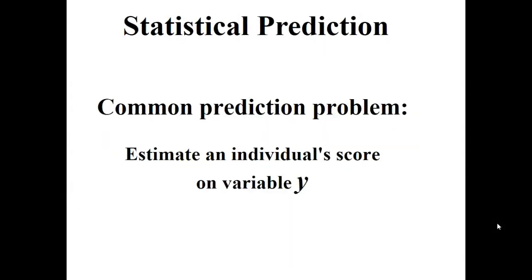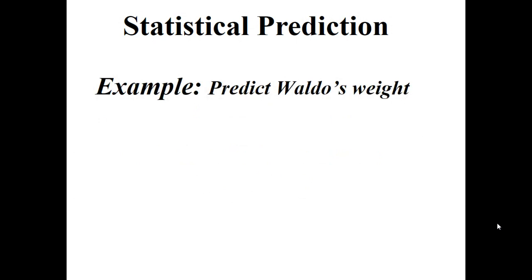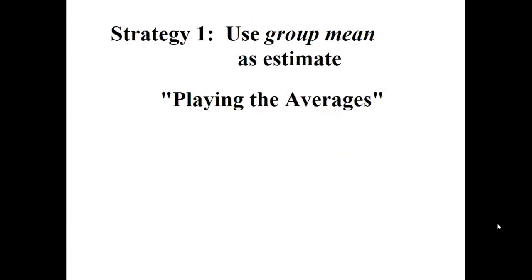A common prediction problem in statistics is to estimate an individual's score or value on a variable that's usually referred to as y. And as an example, we described several different strategies for predicting the weight of a young man named Waldo. We described three good strategies for predicting Waldo's weight.